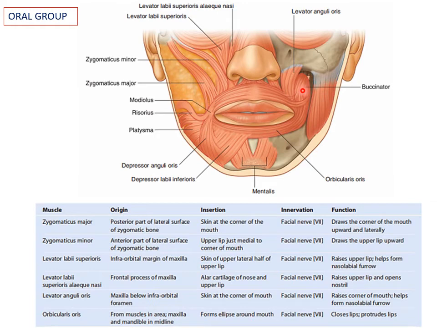Then comes the buccinator muscle, which we will discuss in the next slide. Here we will discuss the orbicularis oris muscle. The orbicularis oris muscle arises from the muscles in this area, and from the maxilla and the mandible in the midline.